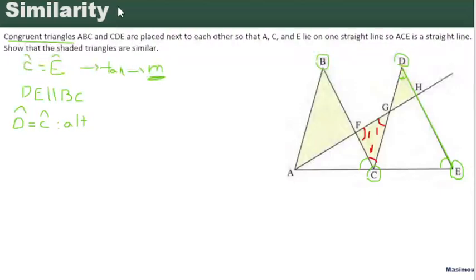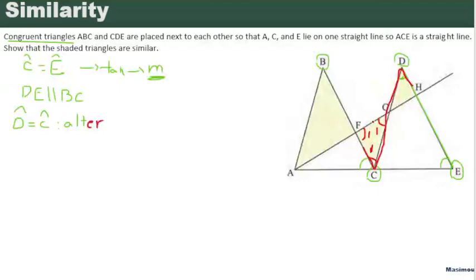Let me change my color to show here. Between two parallel lines, they make a Z shape. So they are alternate angles, so they are equal.